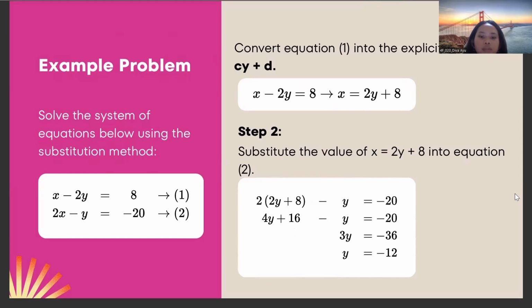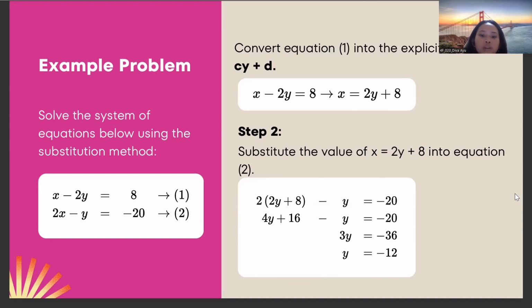Next is an example of the substitution method. For this example, we first rewrite the first equation into explicit form. Next, we substitute the expression into the second equation. After simplifying the equation, we obtain the value of one variable.